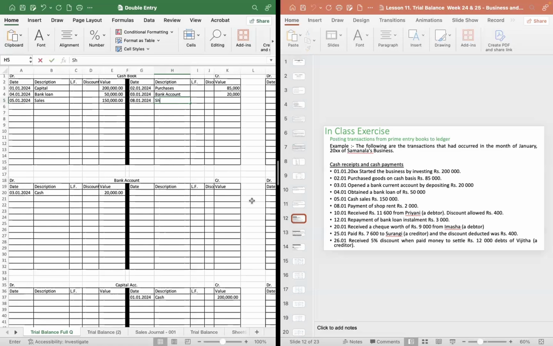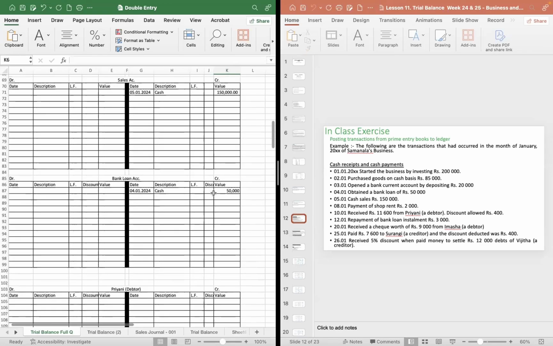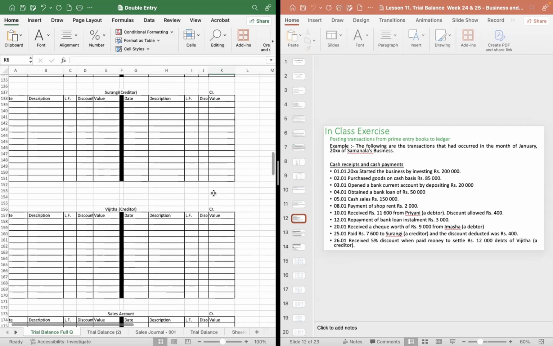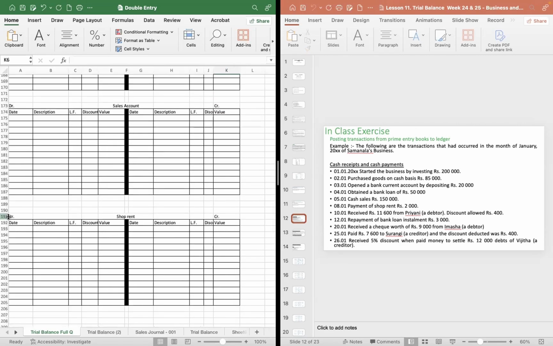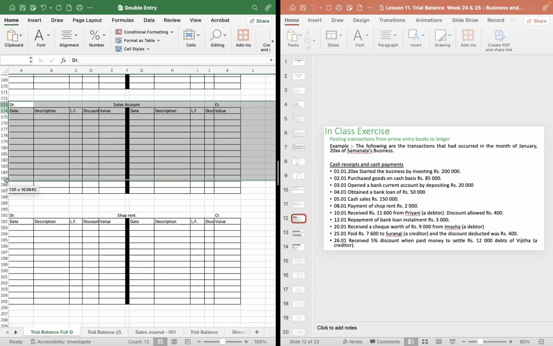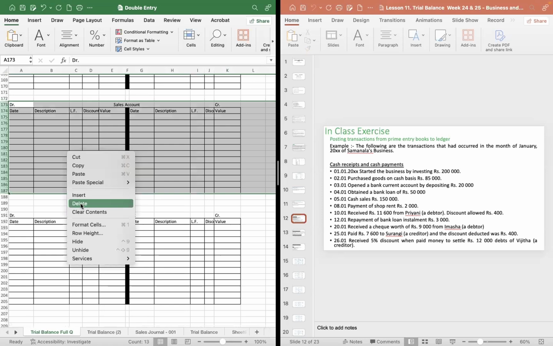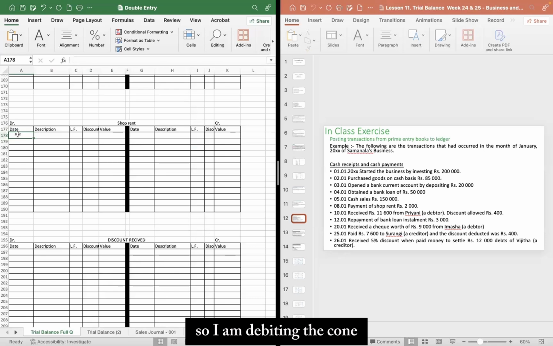Payment of shop rent, shop rent of 2,000. Shop rent is an expense, so I am debiting the account.